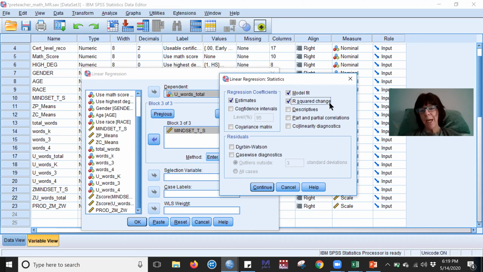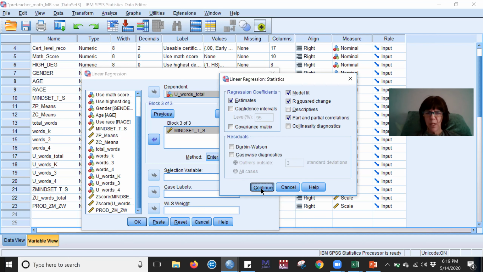And R-squared change tells you at each little block of the model how much extra predictive power you are getting, and is it statistically significant? We're also going to look at the part and partial correlations briefly. I mentioned them in class. I don't think they will be very helpful, but we're just going to glance at them.